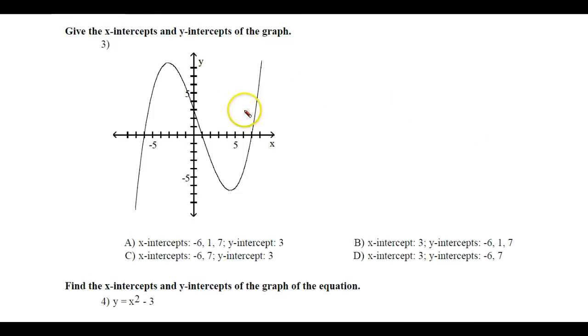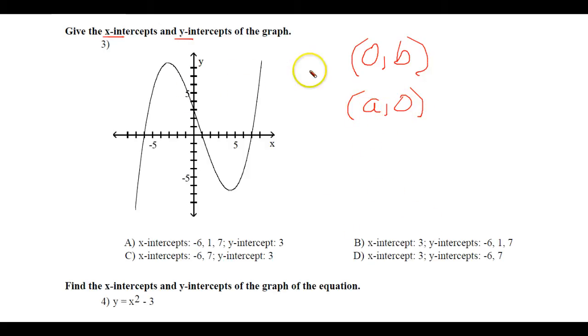In this example, we're asked to give the y-intercept and the x-intercepts of the graph, where the formal way to write it would be (0, b) for the y-intercept and (a, 0) for the x-intercept. Here they're only asking for the a or the b value.